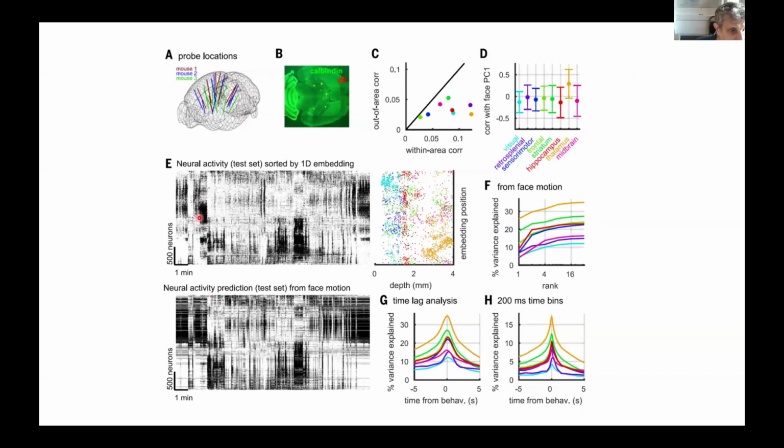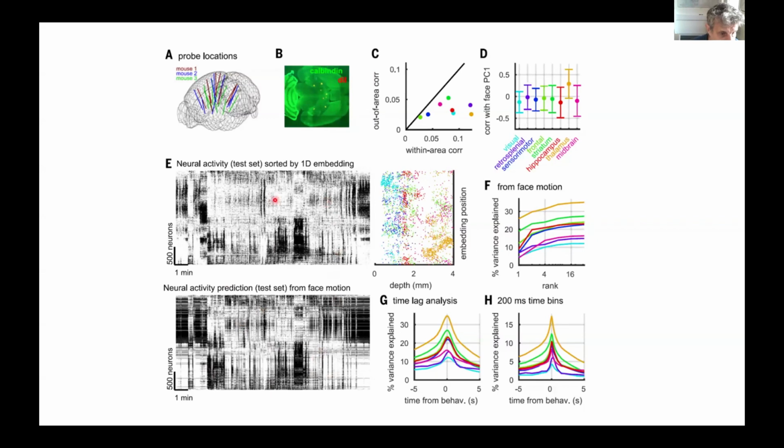Forget the stuff on the right, but if you look here, this is the activity of the actual neurons sorted in a raster, again in a different way, now using some software called Rastermap that was developed by Stringer and Pachitariu. These are sorted so that correlated neurons are close together. This is the actual data, and this is the prediction we get if we predict this data from the motion of the face.